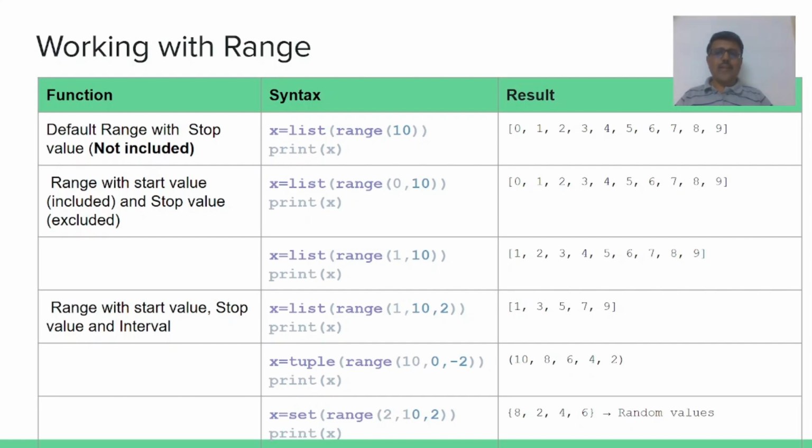Along with that, we also learned about range, right? Range will help you create your list, tuple, and set in a shorter way. That is the only advantage you gain from range. Please don't mistake range to be a data type. Range is not a data type. It only helps you create a list, tuple, or set in a short form.